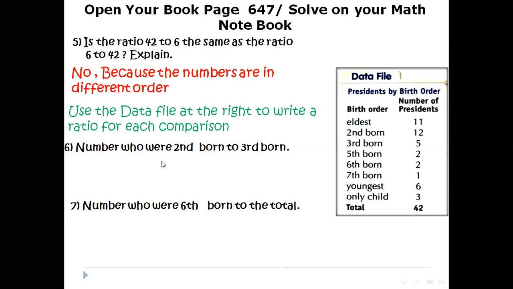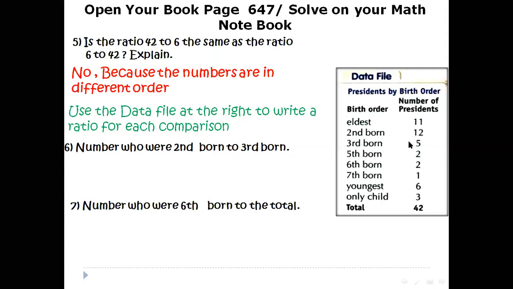Now question 6, this is the data file at the right. It's about the birth order here and the number of presidents. Use the data file here to write the ratio of question 6, number who were second born to third born.